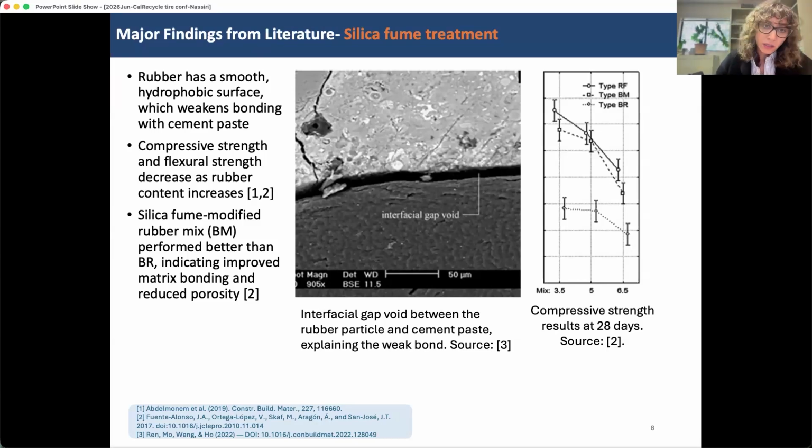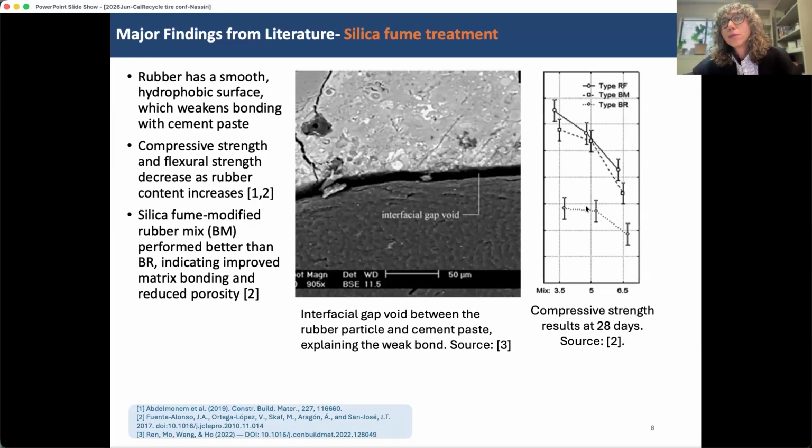Again, these two materials are incompatible, and there are no bonding agents or surface groups desirable to bond chemically with the cementitious system. So what this means is that if we look at the strength results in a concrete material that has rubber in it versus the one that doesn't, so if you look at this graph on the right, the top strength result is for a concrete mix without rubber tire in it.